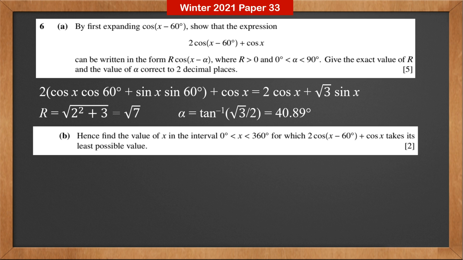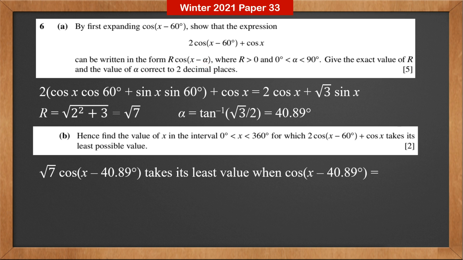So we know that this can be written into r cosine(x - alpha), or root 7 cosine(x - 40.89 degrees). This takes its least value when cosine is minus 1, when this entire thing, cosine(x - 40.89 degrees), is minus 1.